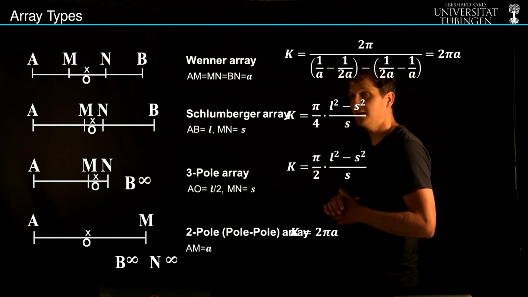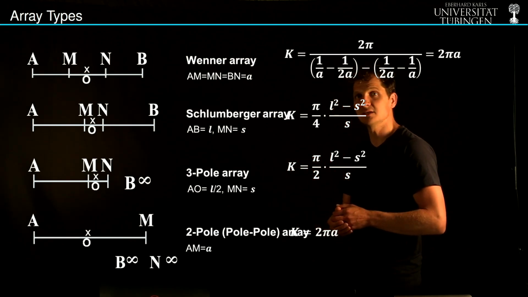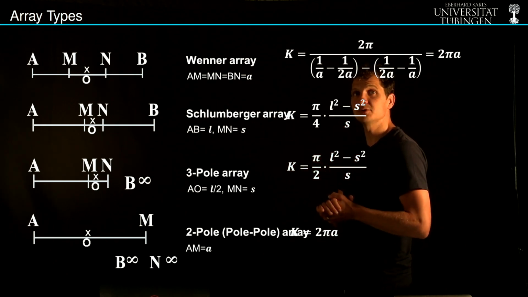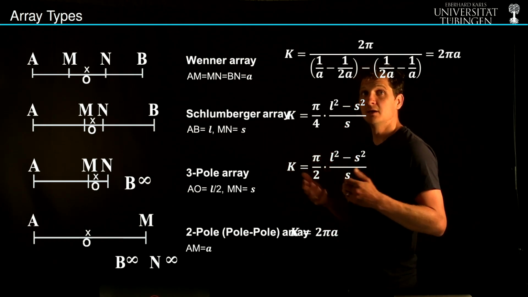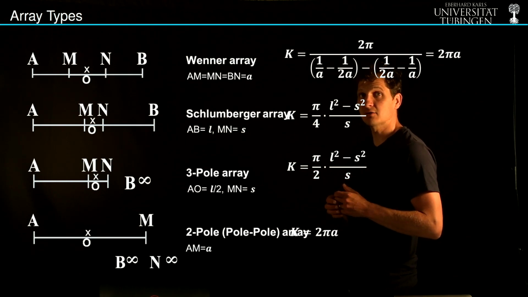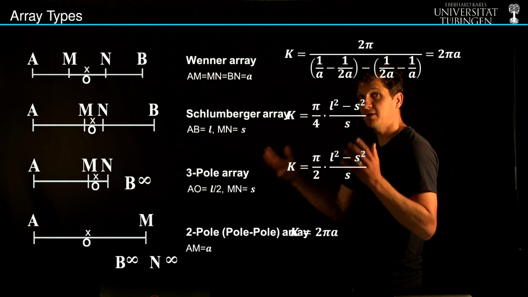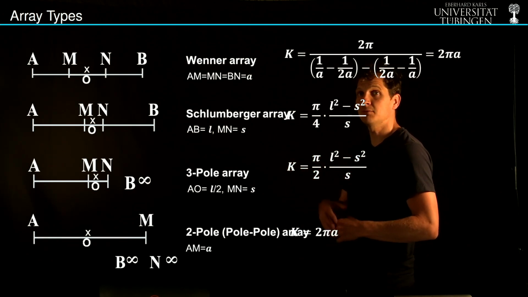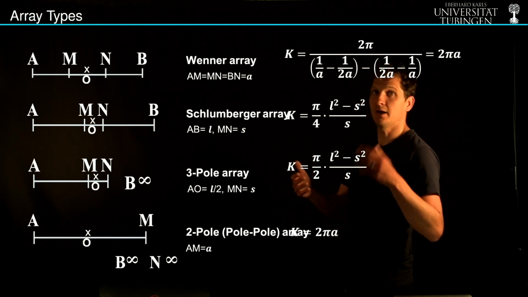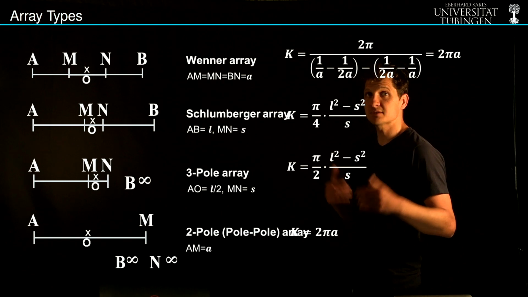So the Wenner array is the simplest possible array because you only need to write down one distance in your logbook. All distances between the electrodes are the same, and correspondingly the configuration factor simplifies significantly. In the Schlumberger array, we have 2 relevant distances, one between M and N, and then another one between A and M or N and B, respectively. Okay, so those 2 array types are very famous.